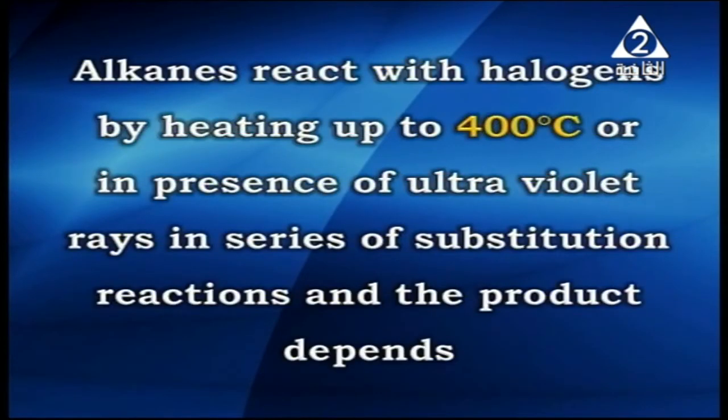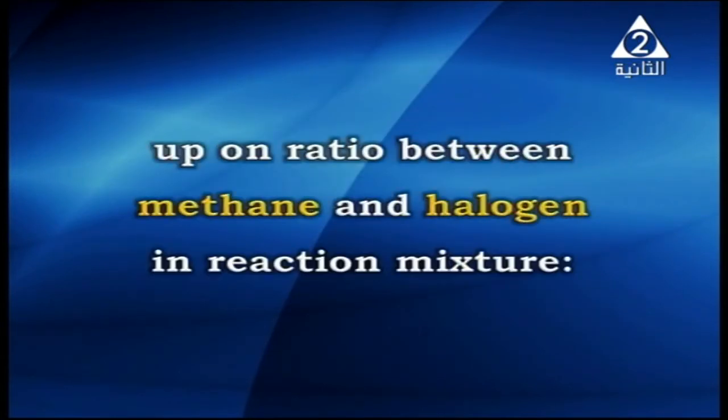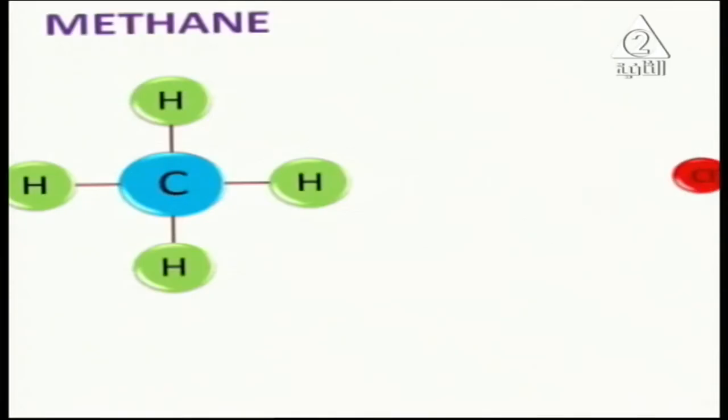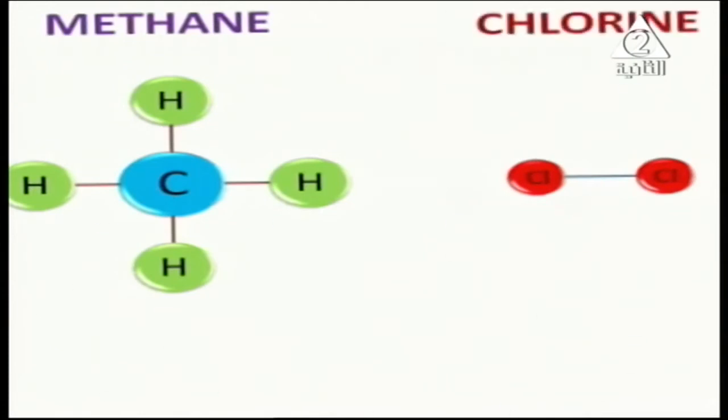The halogenation reaction. Alkanes react with halogens, fluorine, chlorine, bromine, by heating up to 400 degrees Celsius or in the presence of ultraviolet rays, in a series of substitution reactions, and the product depends on the ratio between the methane and the halogen in the reaction mixture. As shown on the screen, CH4 reacts with chlorine molecules.